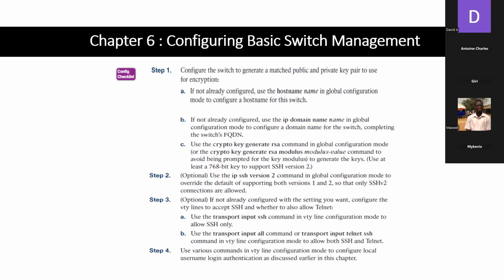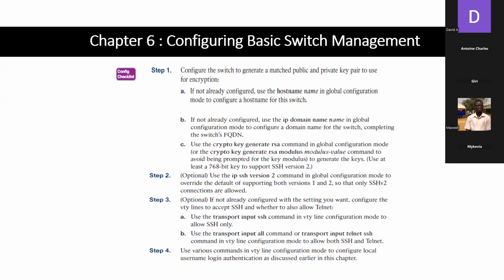And of course, step three, optional, if not already configured with the setting that you want, configure the VTY lines to accept SSH and whether to also allow Telnet. Use the transport input SSH command in VTY line configuration mode to allow SSH only. And step 3-B, use the transport input all command or transport input Telnet SSH command in VTY line configuration mode to allow both SSH and Telnet.